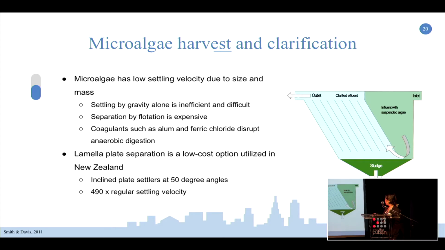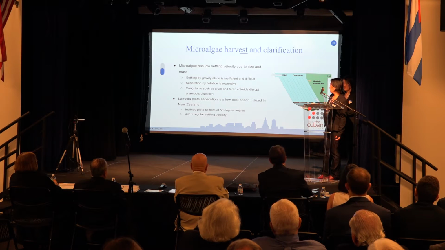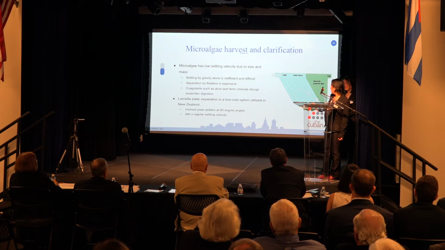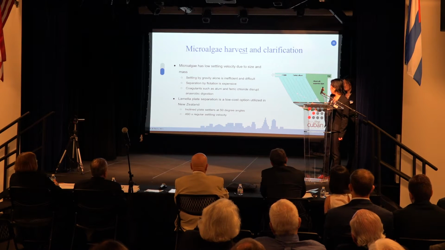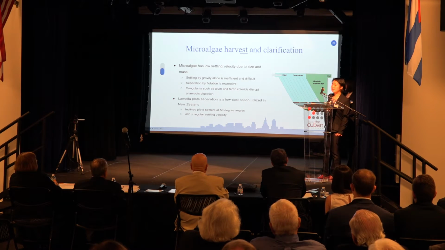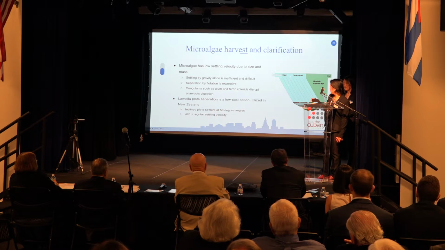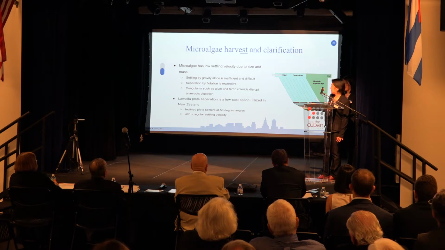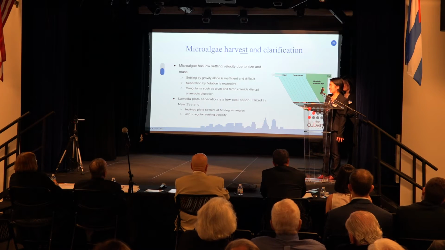So the water would come in through this inlet, and it has suspended algae and total suspended solids within. It would flow in, and then the flow rate would temporarily stop, and then have gravity settle the suspended algae and solids down and slide down these lamella plates, and then this sludge will accumulate at the bottom, which will be pumped back into the covered anaerobic pond for anaerobic digestion.